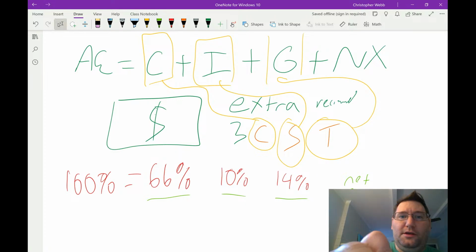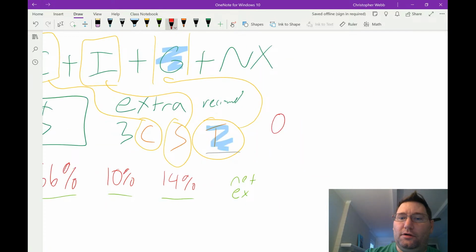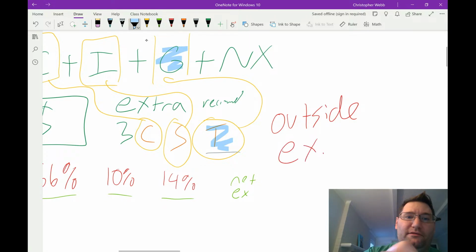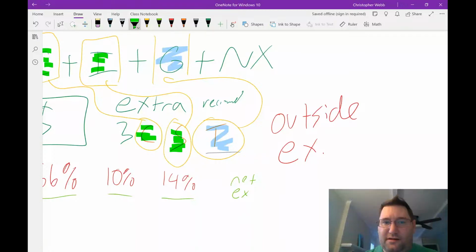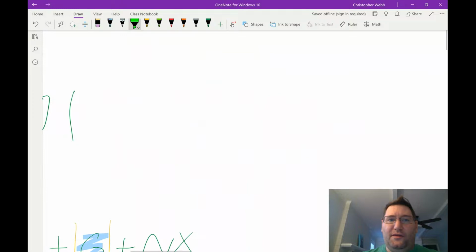Well, we know that taxes, which is government, so if I were to highlight this in blue, we know that that is outside of our control. And in economics, we call that exogenous. So what we are concerning ourselves with are only the two aspects that are inside the model, which are consumption and savings, which generally lead to investments. And what Keynes decided was there's a different rate for each one of those.